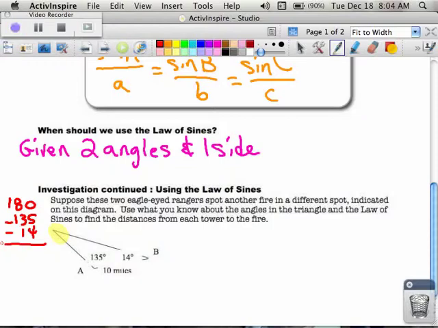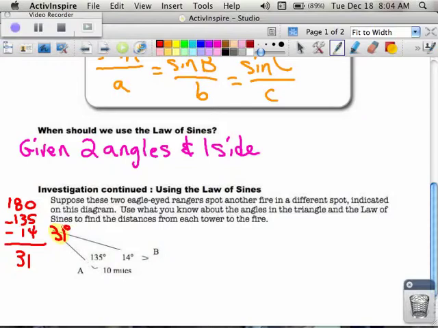That gives 31 degrees, just by doing some simple math and knowing that there's 180 degrees in the triangle. If they ever ask you for angle C or whatever angle they call that, that's the way you would do it. Notice that in this particular problem, there are two angles that they give us and one side.